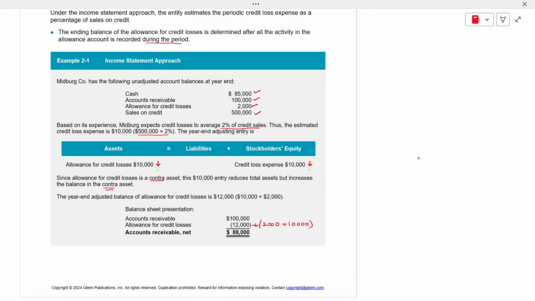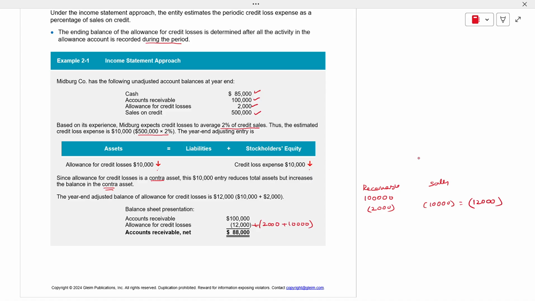Now you can see, previously how much were the accounts receivable? In these accounts receivable, the allowance is 2,000. On the sales, the allowance is 10,000. The total allowance is going to be 12,000.